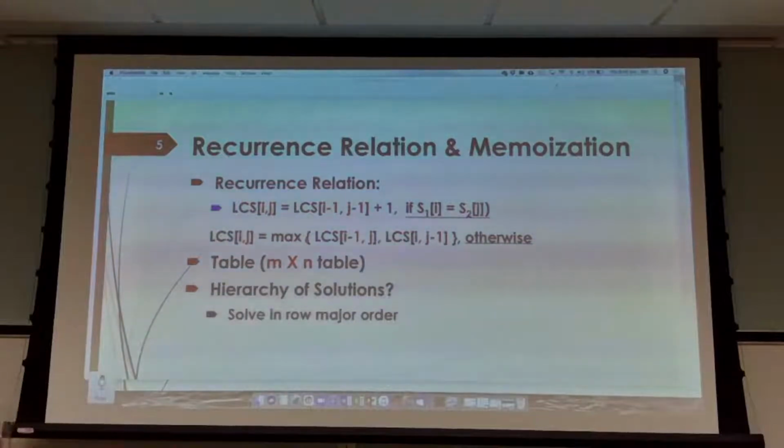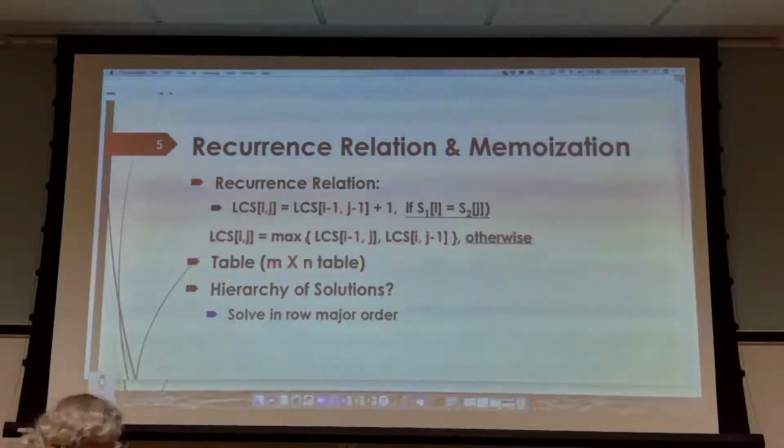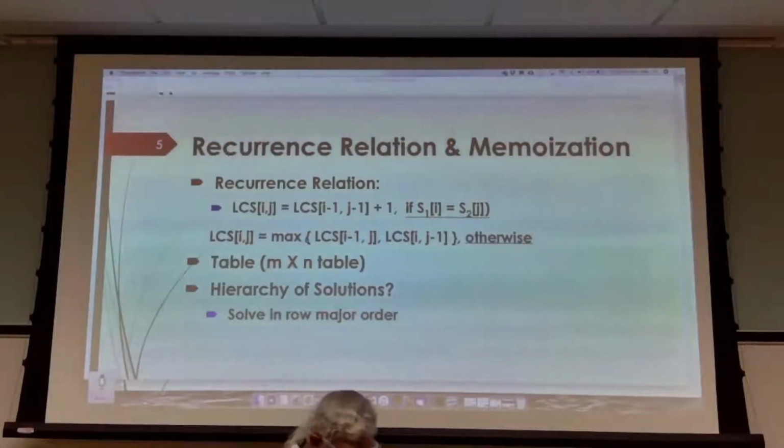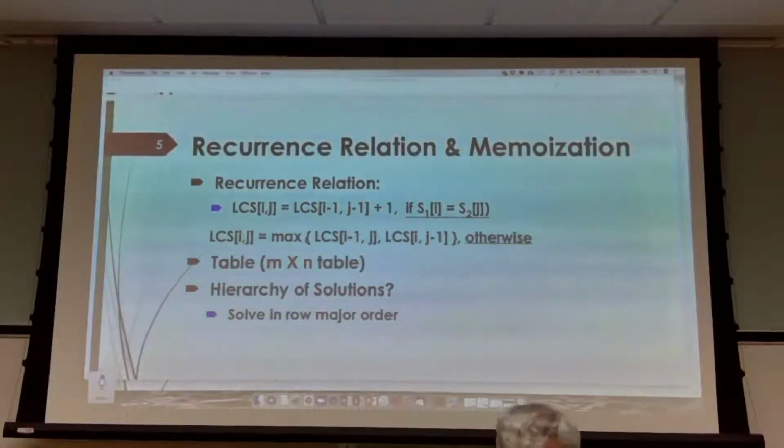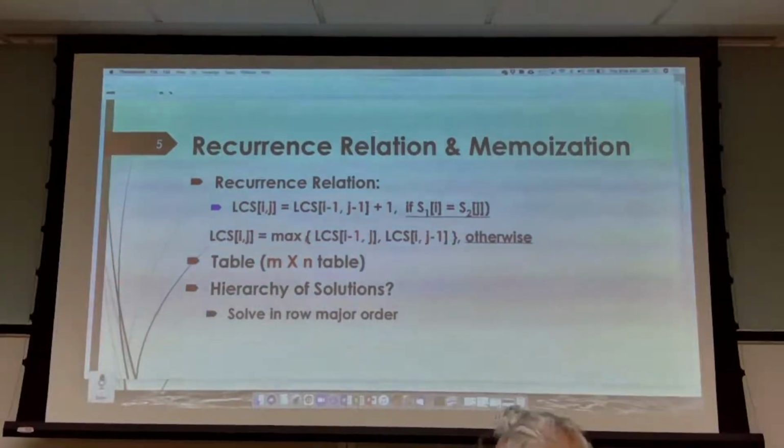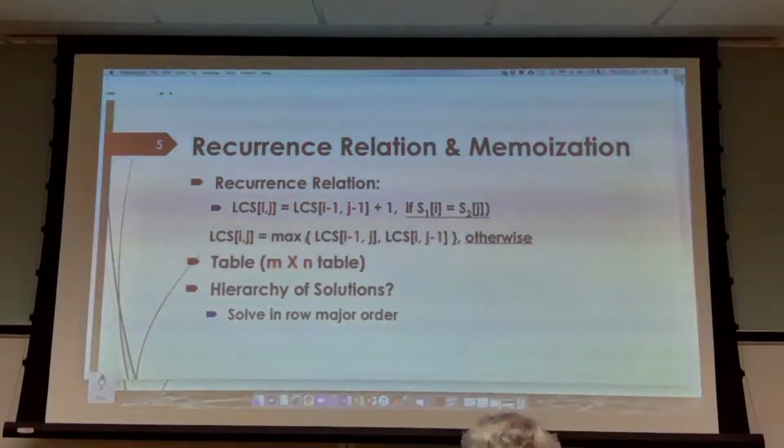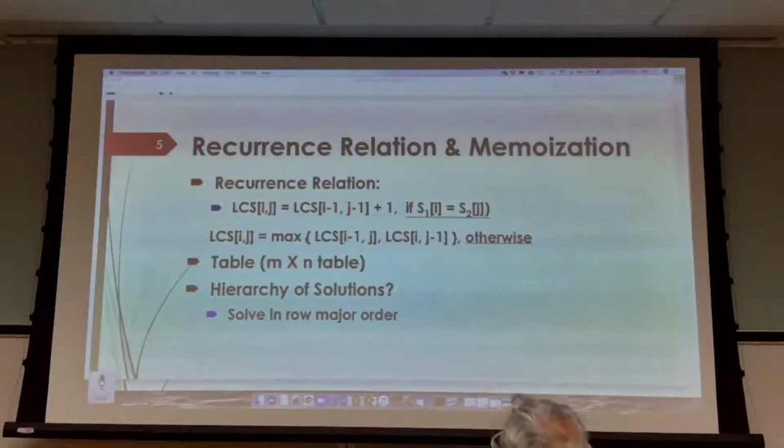These are our only two possibilities. And so we've written down a mathematical recurrence relation instead of the recursive call. So this is what I said earlier. You can either start with a recurrence relation or a recursive code. Both of these come from the same place, and they are roughly equivalent.